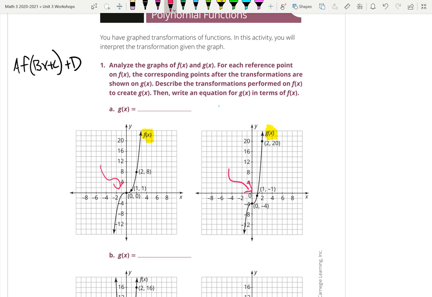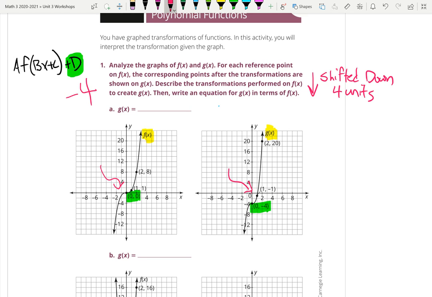So we know that the graph shifted down 4 units. We were able to get that from this part. We were comparing the outputs, and it went down 4. So we know that whatever we're going to do to the function, it's going to be minus 4.